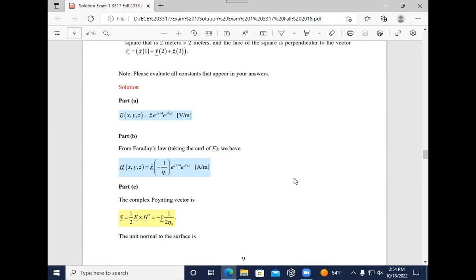So this is the only thing we have here, right? So the curl formula is going to give unit vector x times partial of Ez with respect to y, minus partial of Ey with respect to z.